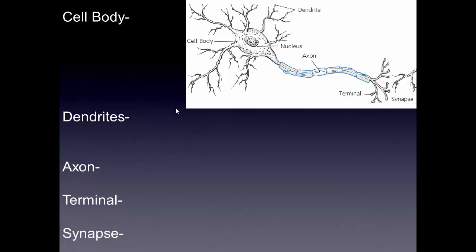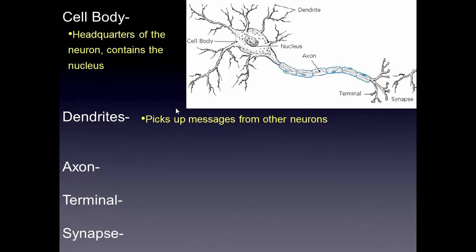So the cell body itself is the main headquarters of the cell. Okay, it has the nucleus and other cell organelles. These dendrites, all these little branches that are surrounding the cell body, you could think of them as listening for a signal.